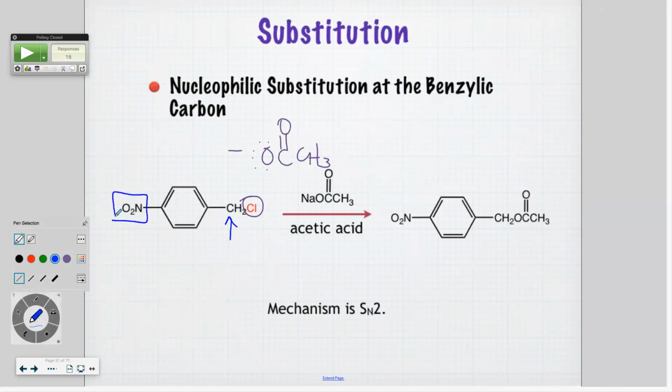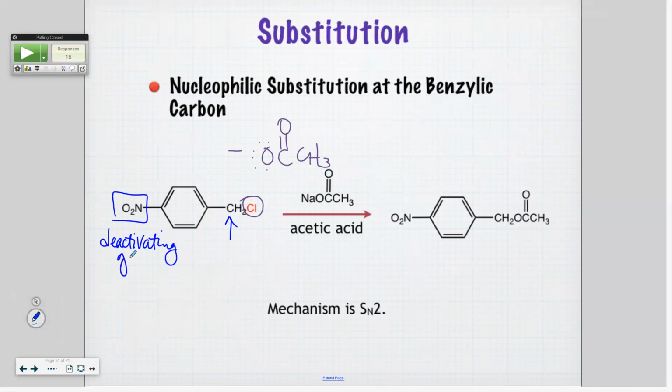Also, what can you tell me about nitro? It's a deactivating group, right? So if you formed a carbocation there, would it stabilize it or destabilize it? If you're pulling electron density out of the ring, what is going to happen to a carbocation over here? It's not going to be stabilized.